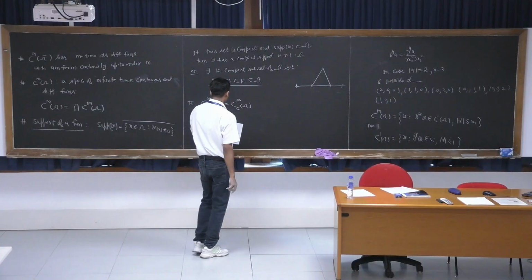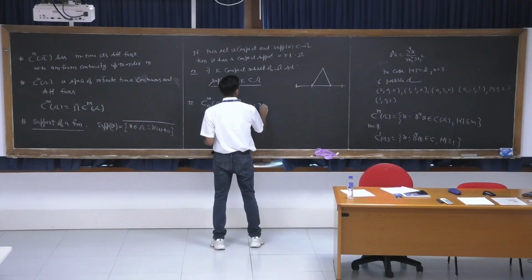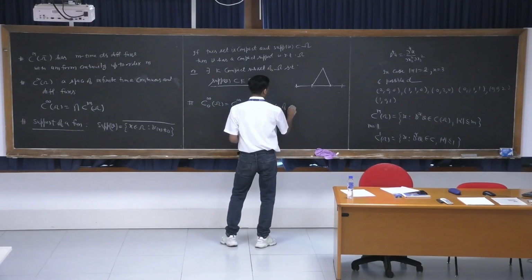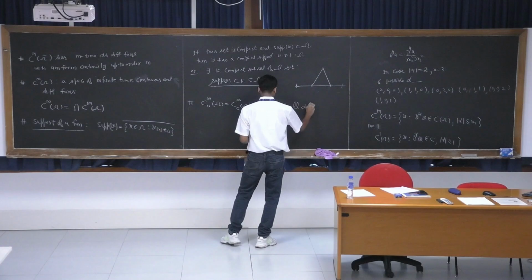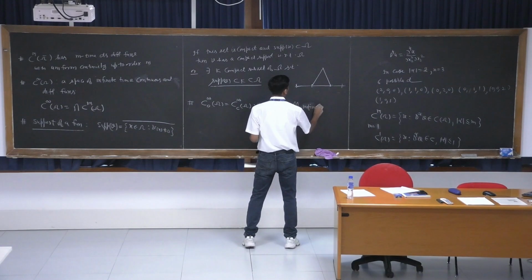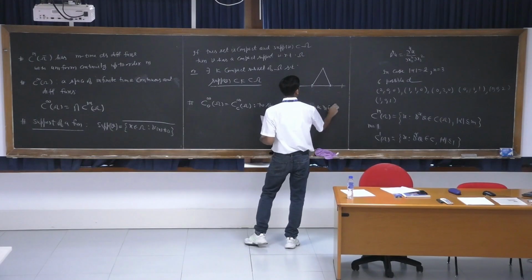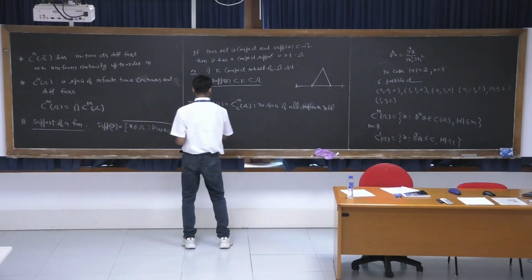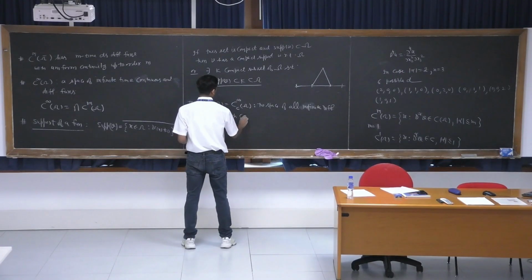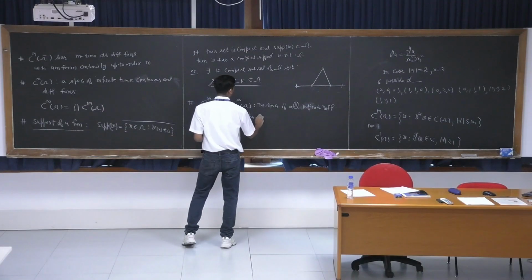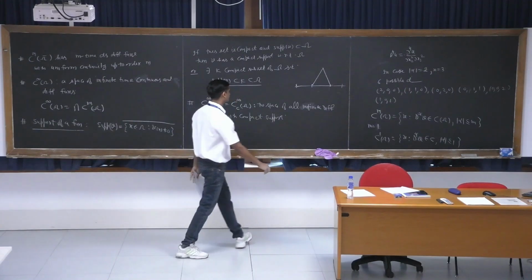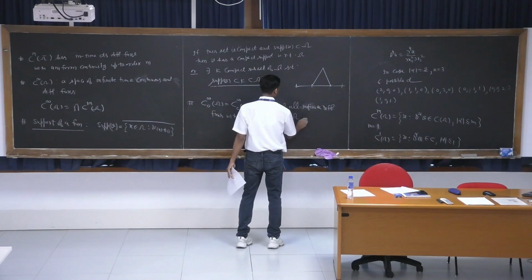So this means the space of all infinitely differentiable functions with compact support. Compact support in the domain omega, obviously, this is important.